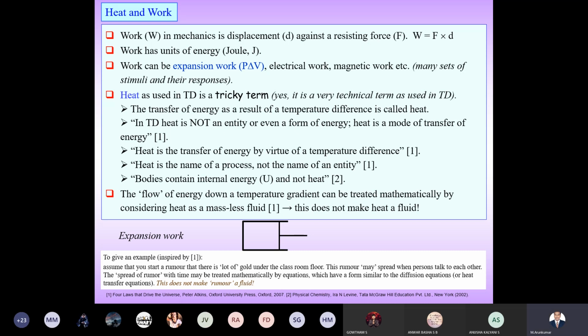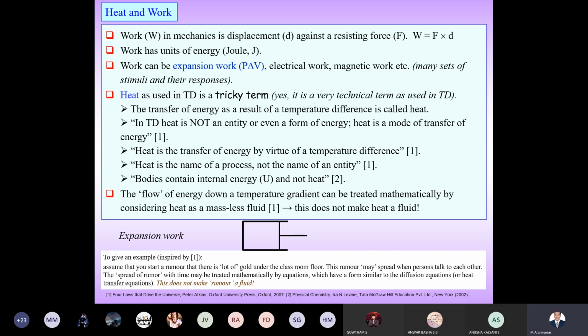The transfer of energy as a result of a temperature difference, from one temperature to another. The transfer of energy here, the transfer of heat energy, is called heat.